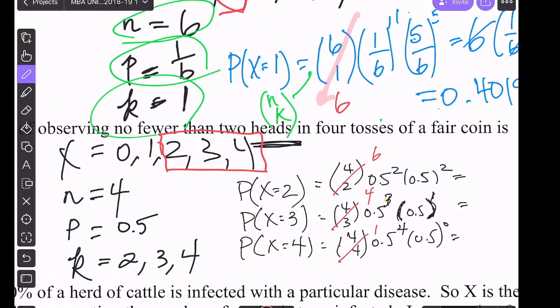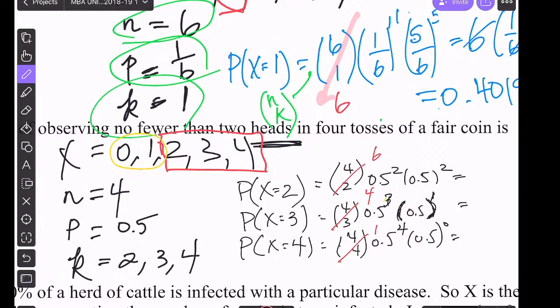Maybe I'll do that on the calculator so you can see that. Yes, Jasmine was saying you could also just get these two and subtract from 1 the total of those summed together. So that would be more efficient because you'd only have to punch in the value for 2 of them.